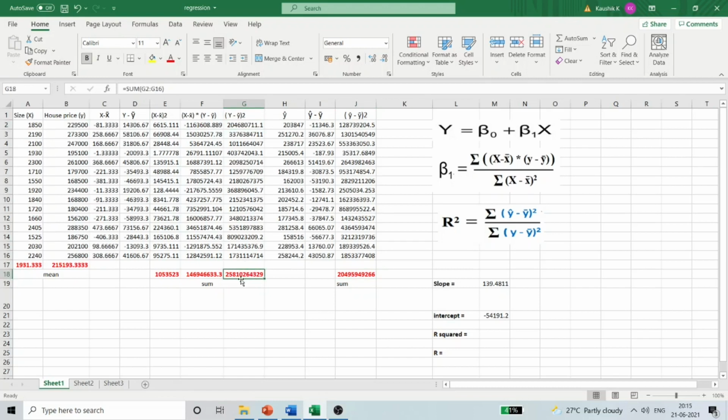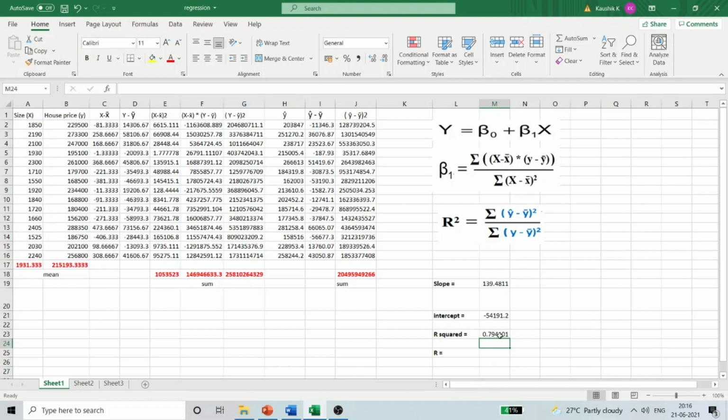So let me calculate the r squared value, which is equal to this value divided by this value. Sorry, it is the other way around. It is equal to this value divided by this value. Yes, my bad. So now it is correct.